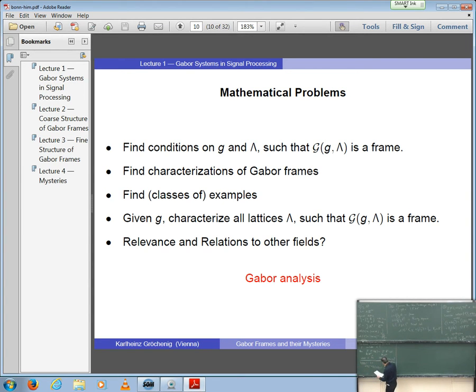So this is e to the minus 2 pi i, then we have the inner product of z with the symplectic form, zeta, pi of z. That's a formula telling us how different time frequency shifts commute, so z and zeta in R^2d.